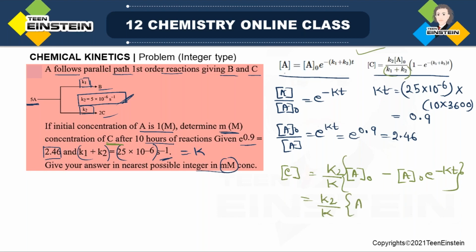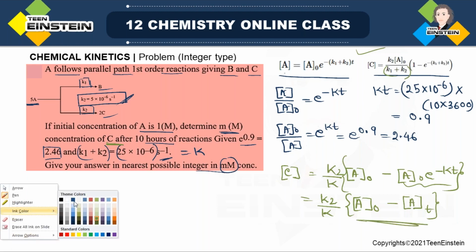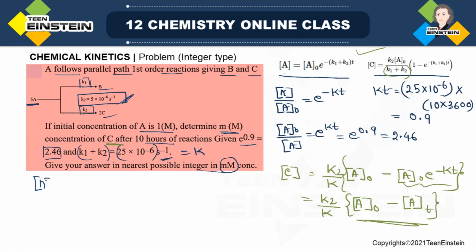We can also write A naught minus A, because this expression is equal to A. So if we want to get the value of C, basically we have to find this difference. For that, we will do A naught minus A. The initial concentration is mentioned as 1, that means 1.